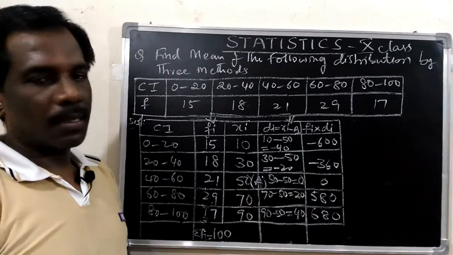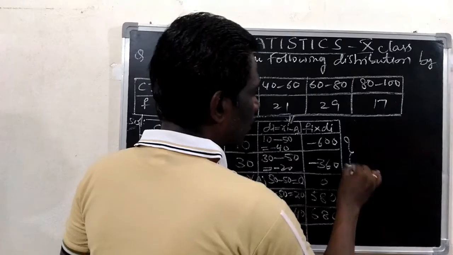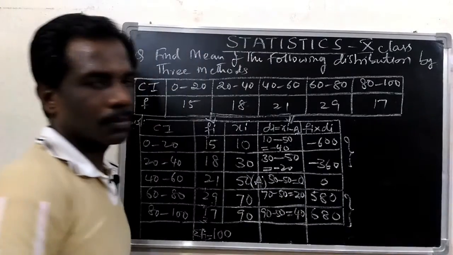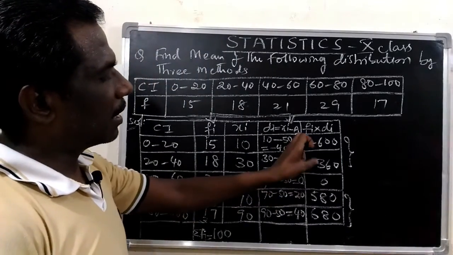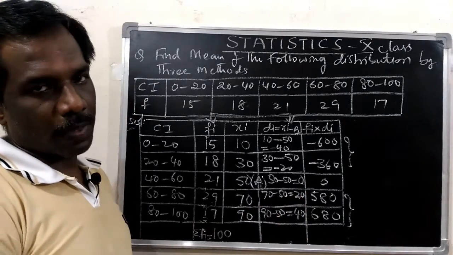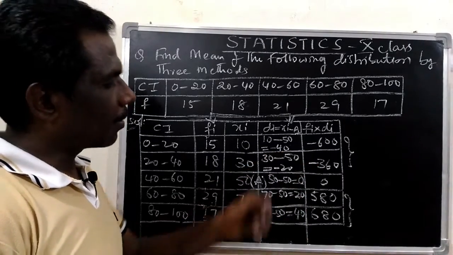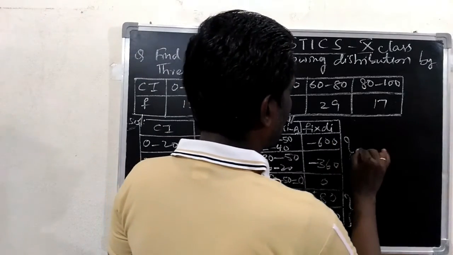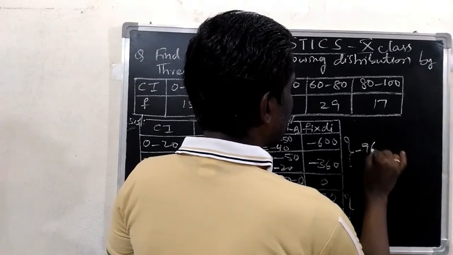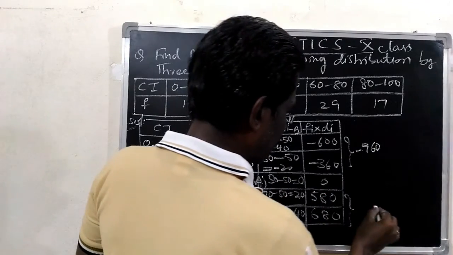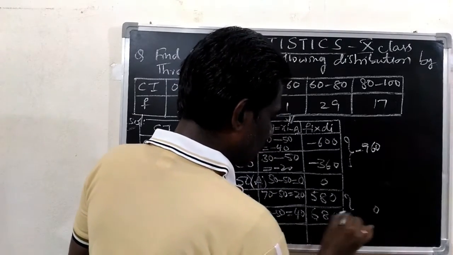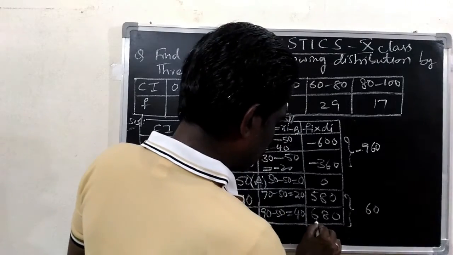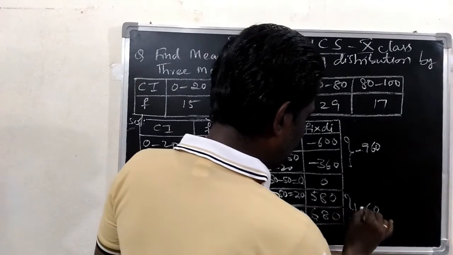In fidi, we got two negative values and two positive values. So we simplify the negative values and we simplify the positive values, meaning add the negative values and add the positive values. The sum of the negative values is minus 960, and the positive values sum to 1260.